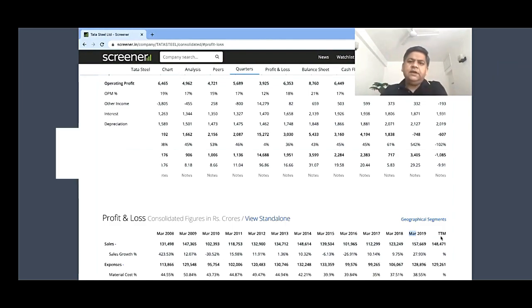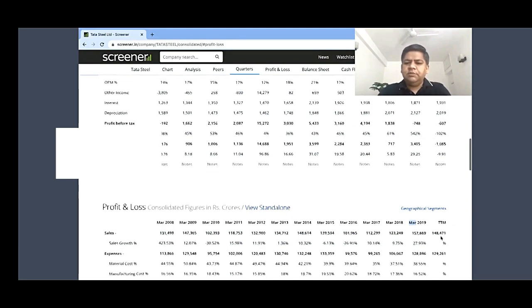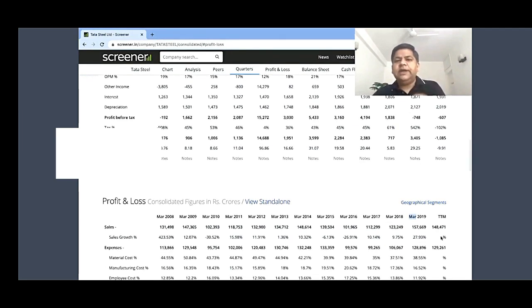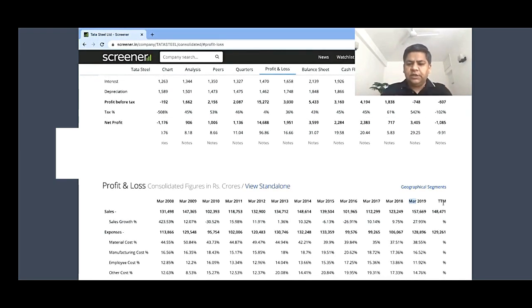And then again they will give TTM, because once one quarter is over, they want to show you how this company on the profit and loss segment has done in a complete year, in the last 4 quarters. So both of the numbers this screener gives you, and sometimes it helps you also. So it is good that you understand what this TTM thing is.